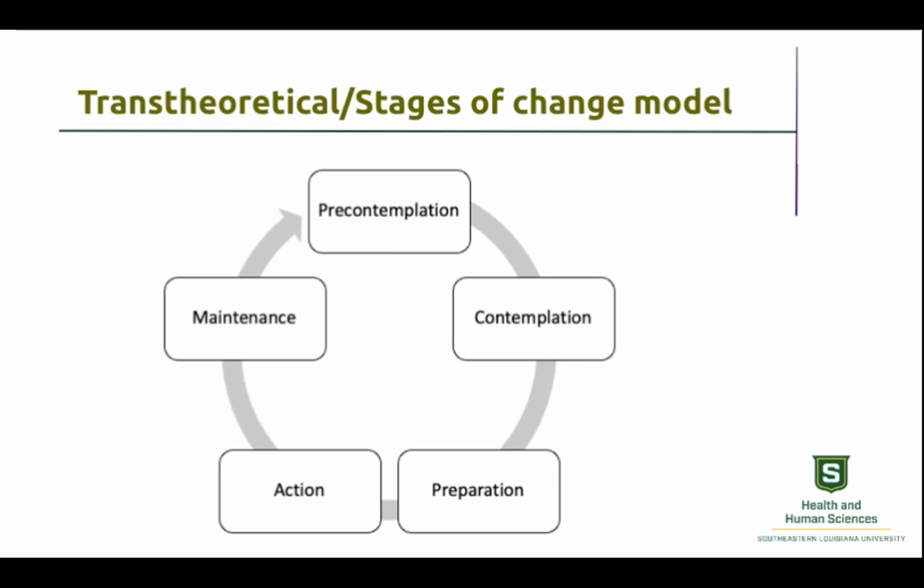And then we have the transtheoretical model, or stages of change, where they are basically saying that there are five stages, and one goes through them before one could get the behavior change. This is not to say that it's always in this order. Sometimes you move from pre-contemplation to contemplation, and then you go into action, and you come back. Maybe the action you took did not give you the result that you wanted, so you come back to preparation.